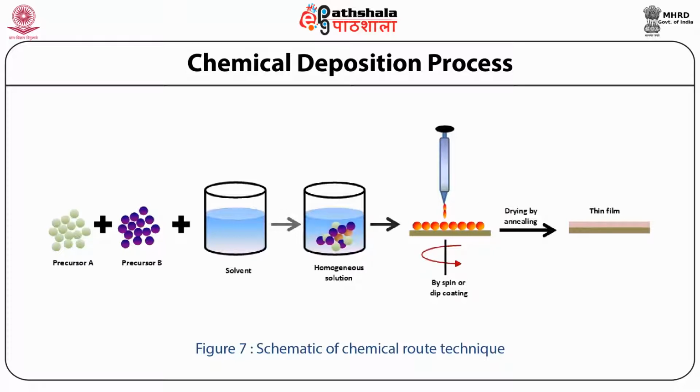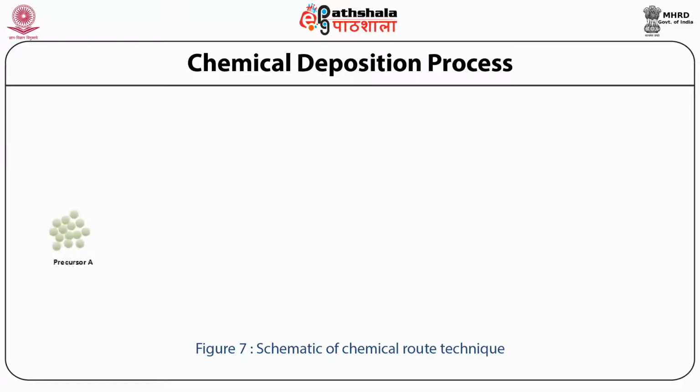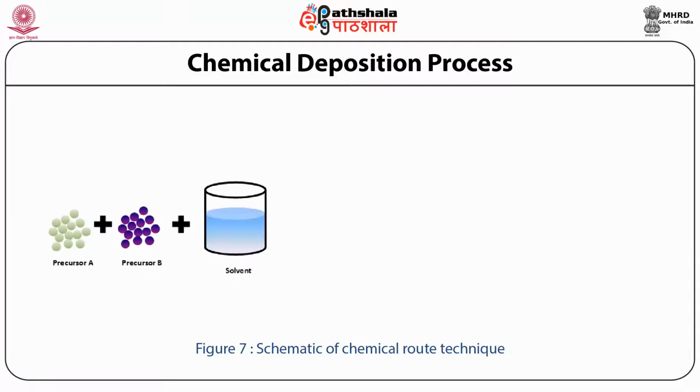Now this homogeneous solution is converted into thin film form by either the spin coating or the dip coating method, in which we put a drop over the substrate and it gets spun by the spin coater machine, or by dipping the substrate into the solution and taking it out. After getting the film on the substrate, we get the final form of the crystalline thin film by drying or by annealing the obtained amorphous thin film.